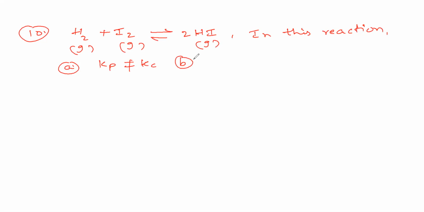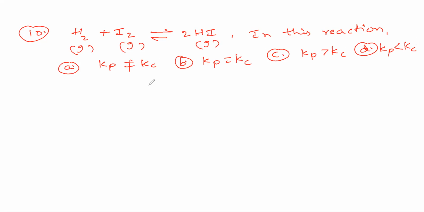Option 2, Kp is equal to Kc. Option C, Kp is greater than Kc. And option D, Kp is less than Kc. These are the 4 options we have.